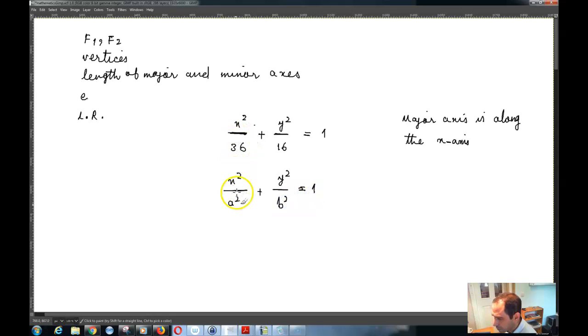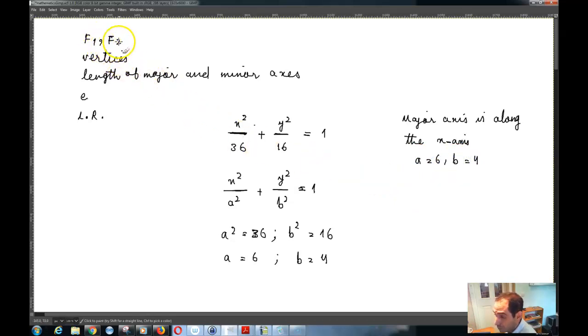And that means that a squared is equal to 36 and b squared is equal to 16. And so a is equal to 6 and b is equal to 4.